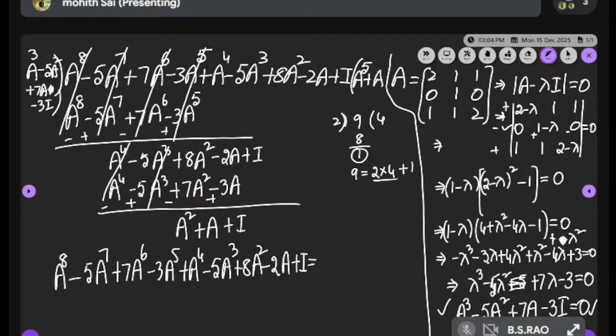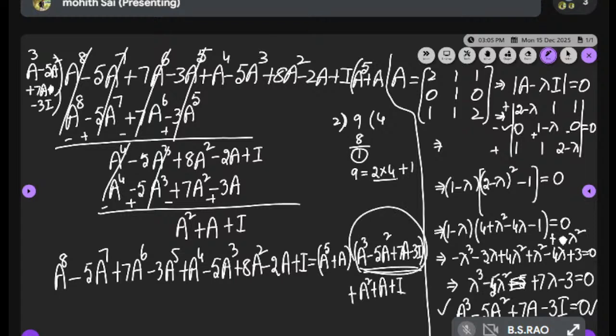Okay. So this is A power 5 plus A into divisor A cube minus 5A square plus 7A minus 3I, plus the remainder A square plus A plus I. What is this value now? This is totally 0 from the Cayley-Hamilton theorem.